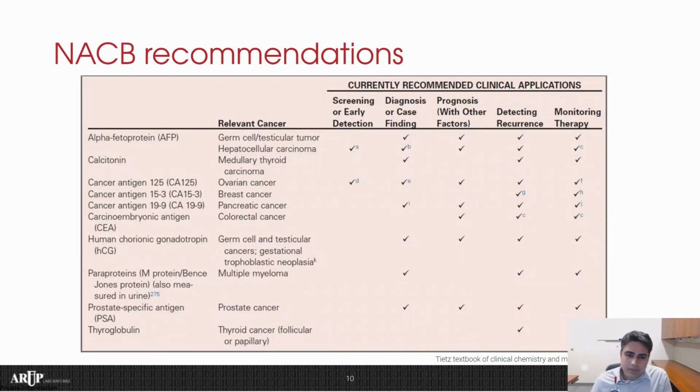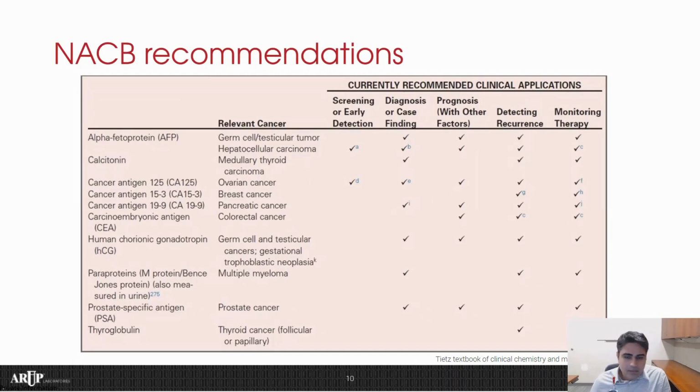The first one is alpha fetoprotein at the very top, and the relevant cancer type is germ cell or testicular tumor. As you can see, it is recommended by NACB in the diagnosis or case finding, prognosis, detecting recurrence, and monitoring therapy for those 2 types of cancers, so germ cell or testicular tumors.